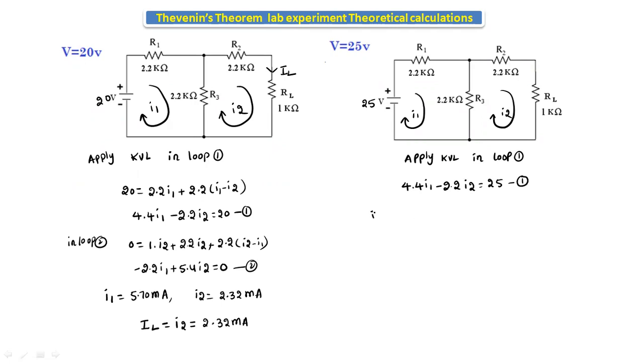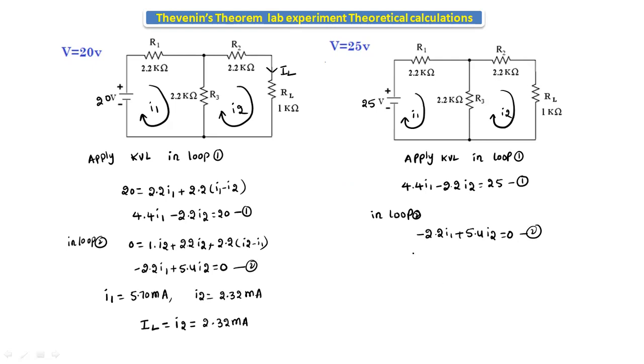Now in loop 2, if we apply KVL in loop 2, we will get minus 2.2 into I1 plus 5.4 into I2 is equal to 0. This is equation number 2.